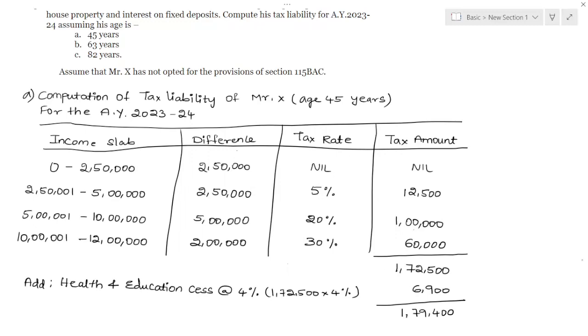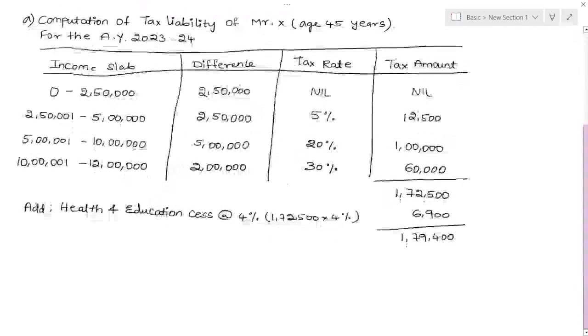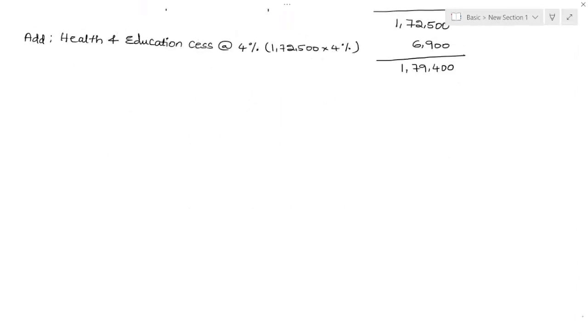Now shall we do the second one? Very fast we'll try to do. Now you should take the lead. Okay, chalo, write down. Computation of B part we are doing. Tax liability of Mr. X, age 63 years. In the next line we'll write for the assessment year 23-24.